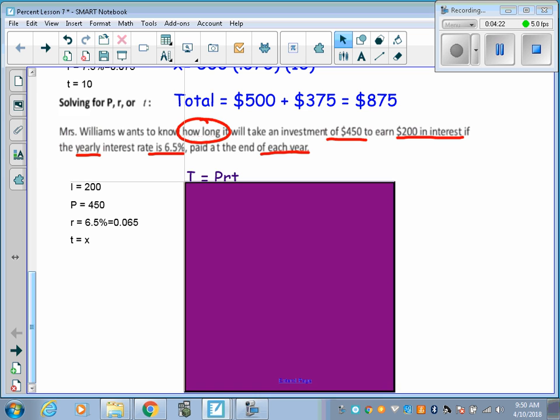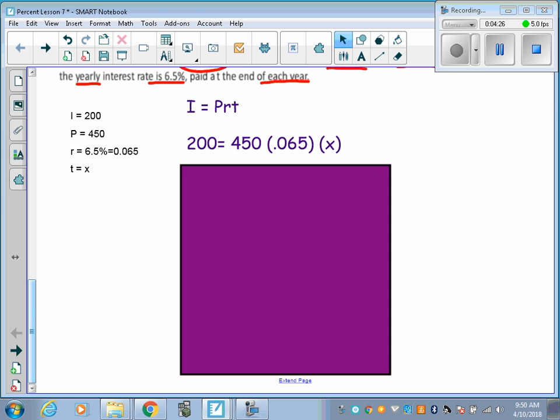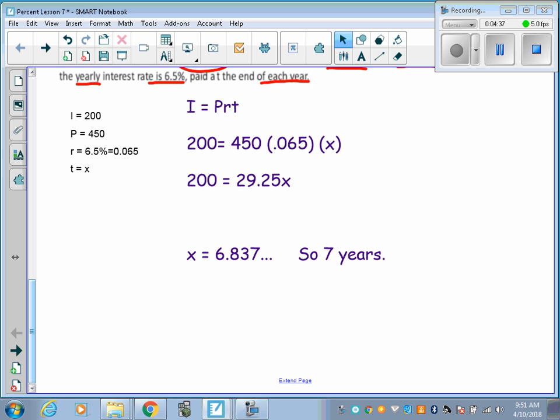So therefore, we're going to do I equals PRT, substituting in what we know. We know $200 for the interest, $450 for the principal, 65 thousandths for the interest rate. We don't know time. And then go ahead and multiply, and we get 29.25x. So now we have to divide both sides by 29.25.